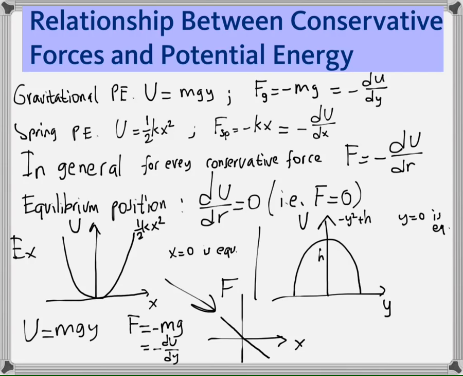When you work with potentials as a graph, as a function of position, you observe an interesting thing. For example, the potential of a spring, 1/2 kx squared.